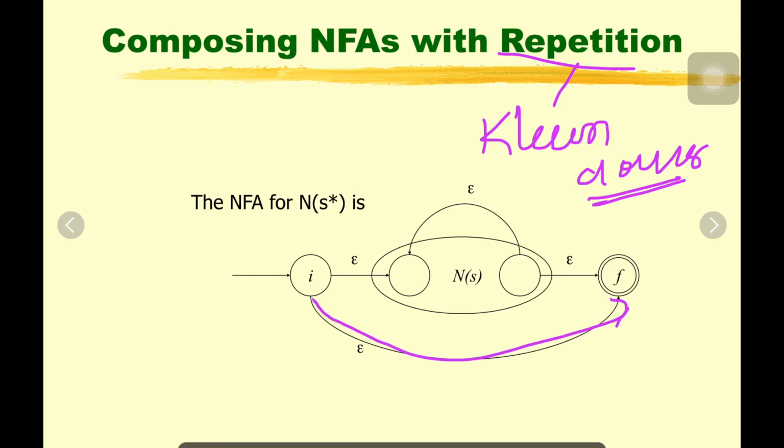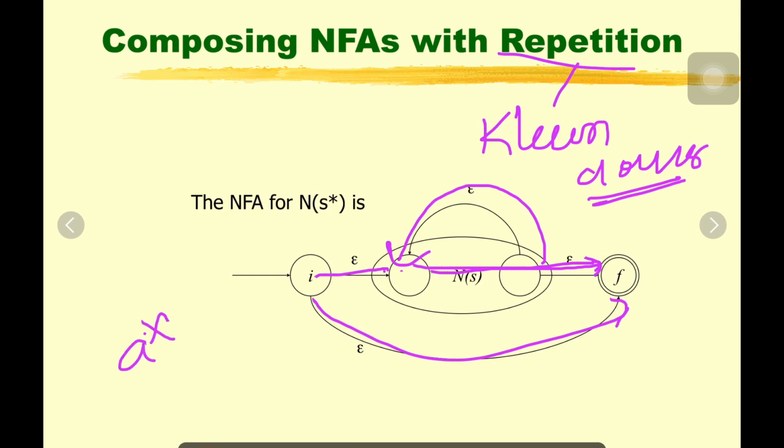Suppose there is only one N of S, it will take this path and go to the final state. Suppose more than one N of S is there, it will take this path and finally this path. Okay, so this is a repetition. It will be like this.